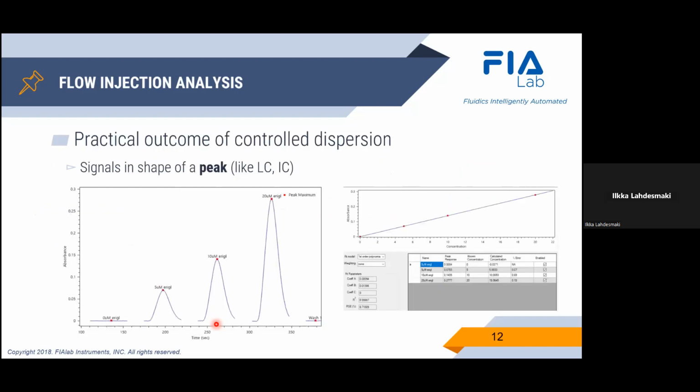The dispersion process is the reason why almost all the time signals from an FIA instrument are in the shape of a peak. It's the same way as in liquid or ion chromatography. It's because you're only injecting a relatively short segment of sample that gets diluted or dispersed into a peak, and that's the shape that comes out of the detector.